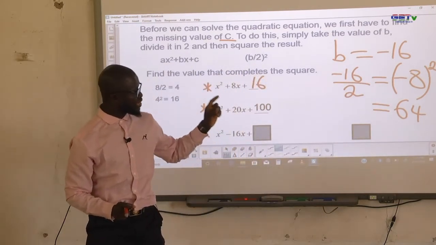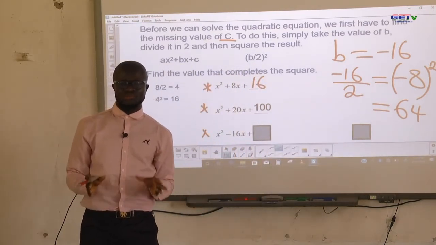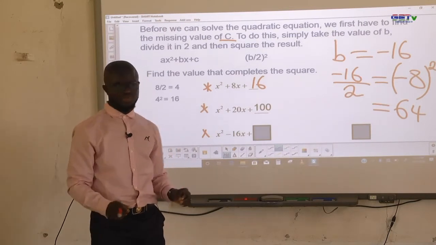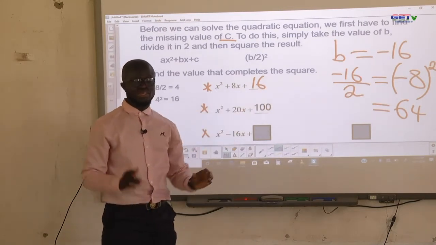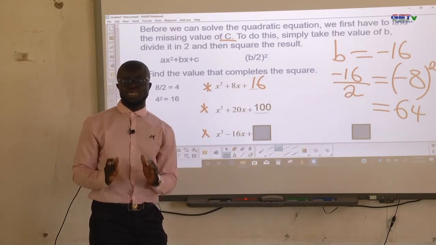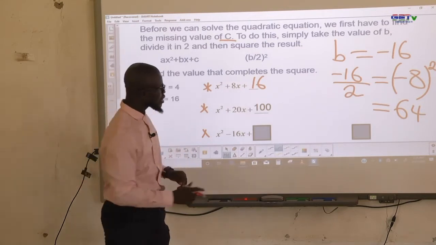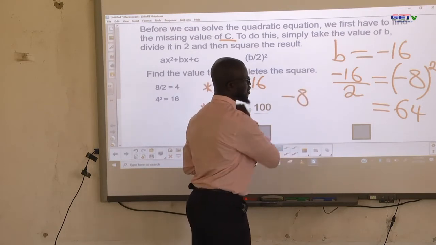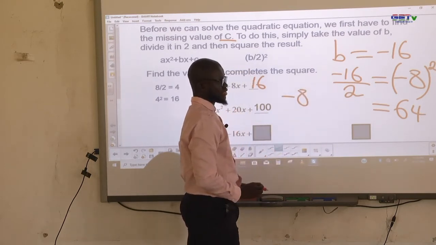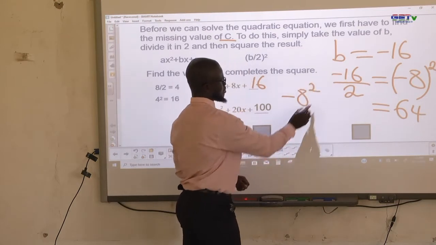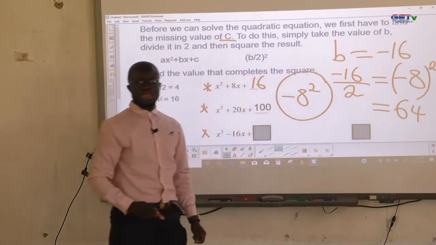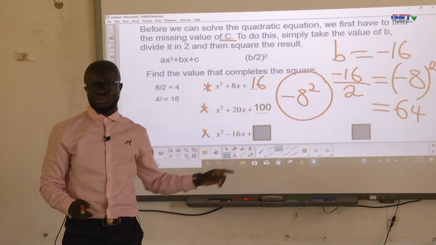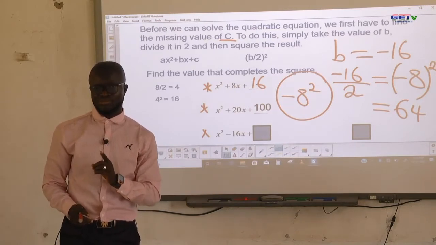Now, there is something I do detect in the class. Most of the students in the class here, when they are punching numbers like this, at times they misuse the calculator, and that can always give them a wrong answer. In the case of a student who will punch the result of -8 like this, if you press this in the calculator, you will get an answer, obviously.